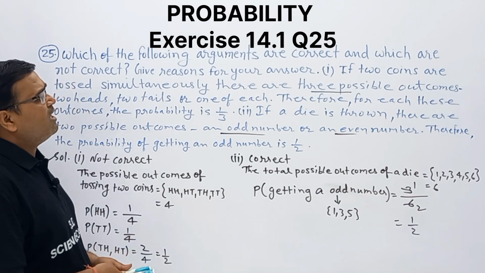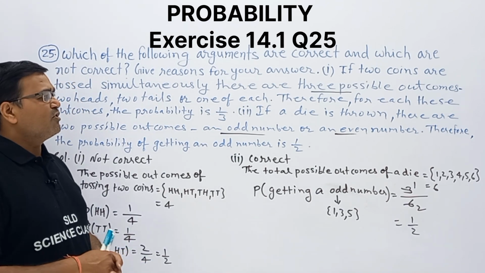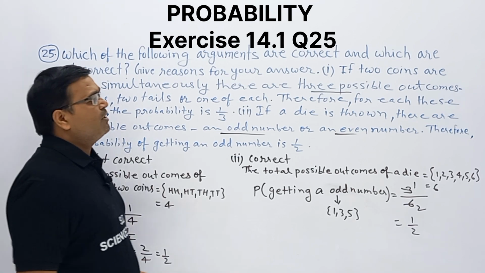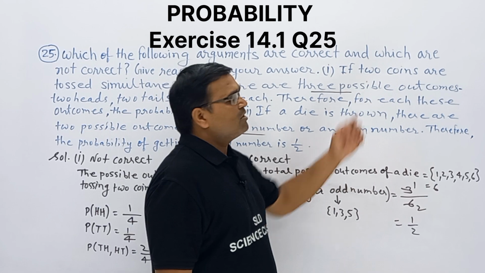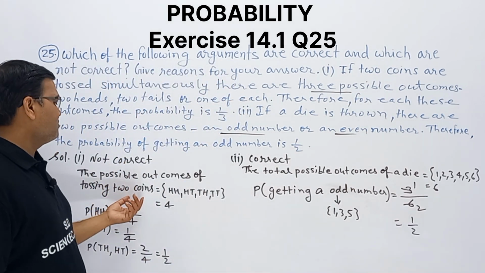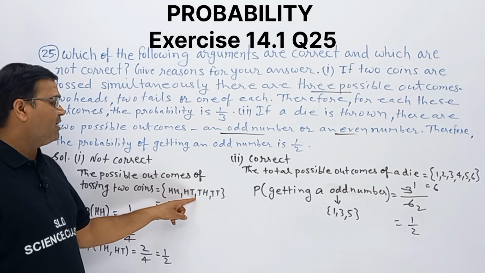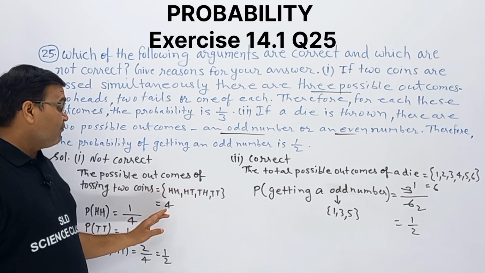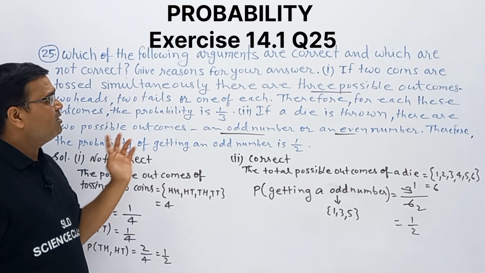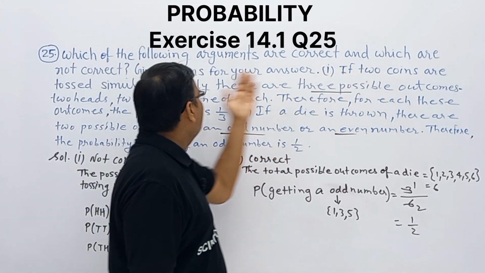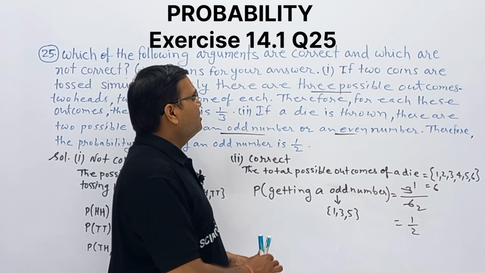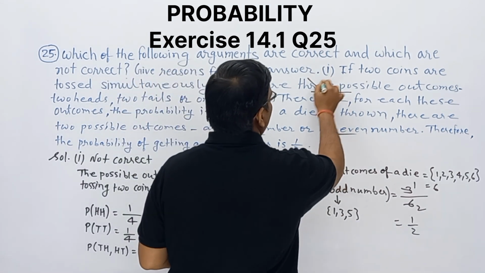Observe again, simple question. Two arguments we have. The first one is not correct, but the second one is correct. Observe why the first one is not correct. Once we toss two coins, we get four outcomes: head head, head tail, tail head, tail tail. But the question says there are three possible outcomes. No, there are four possible outcomes.